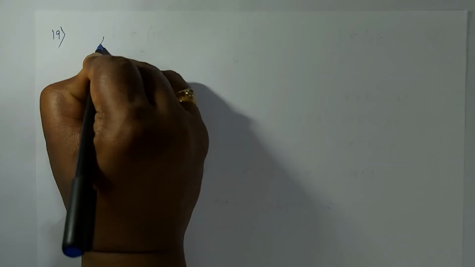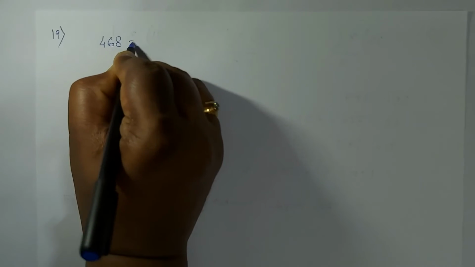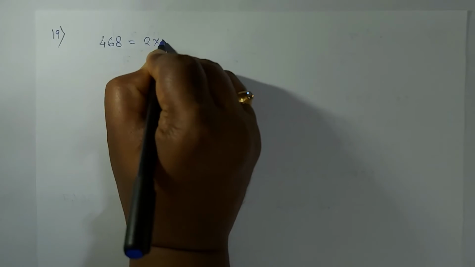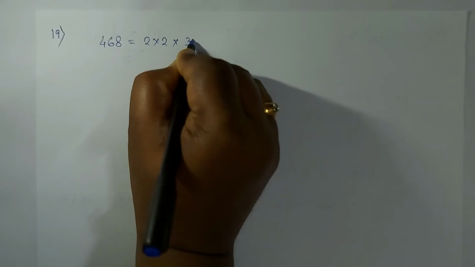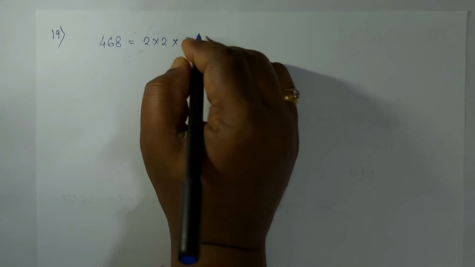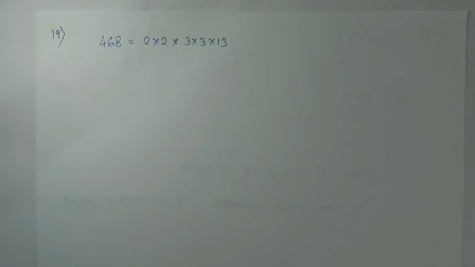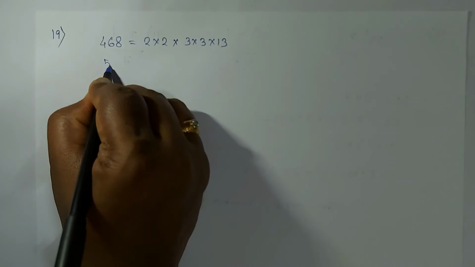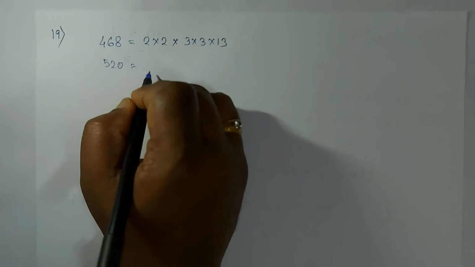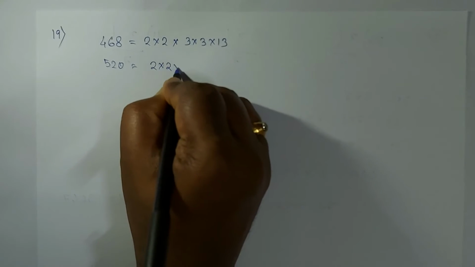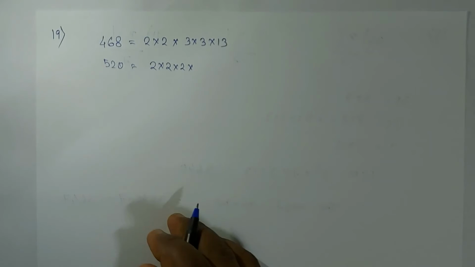So let's do the prime factorization of 468. If you do the prime factorization, we will get this. Then for 520, if I do the prime factorization, then I will get this.